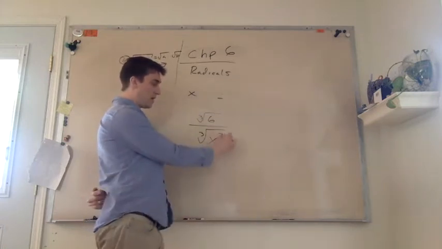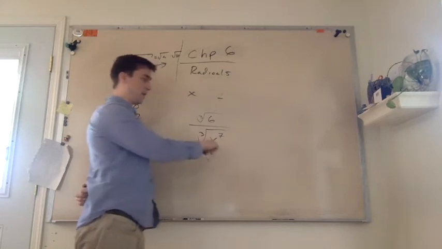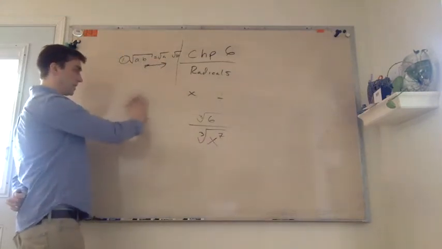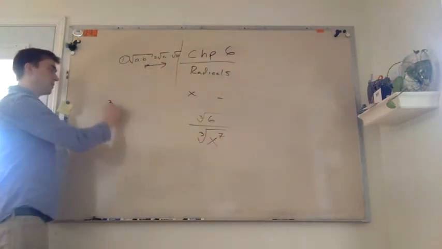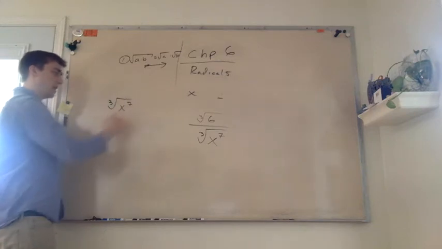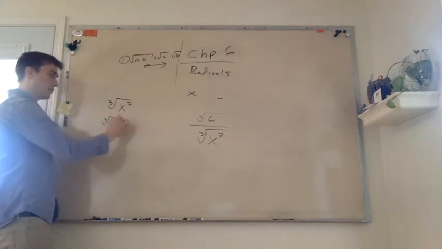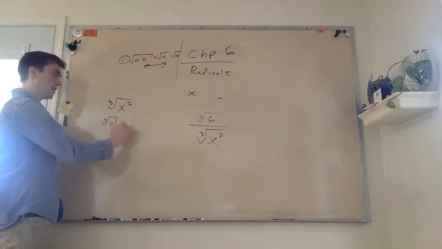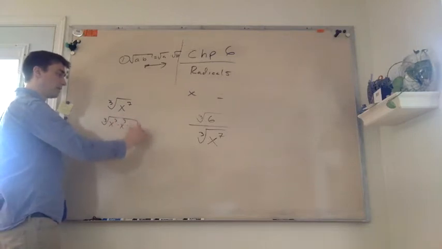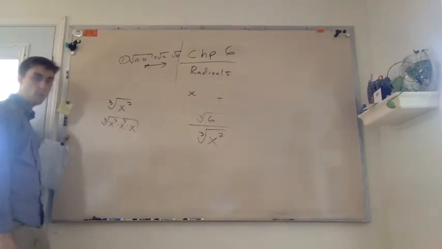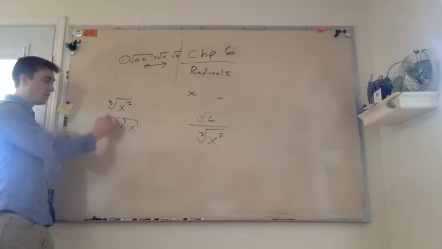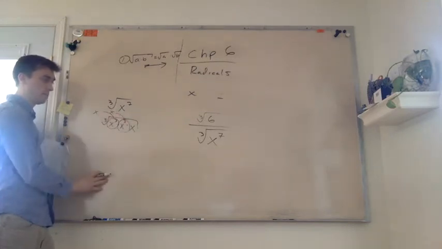So what I would do maybe is pre-simplify the cube root of x to the 7th. I would rewrite that as the cube root of x cubed times x cubed times x. So the cube root of x cubed comes out as x, cube root of x cubed comes out as x.